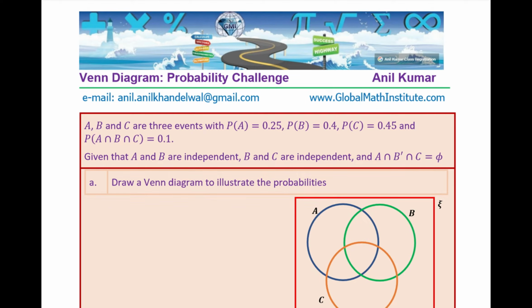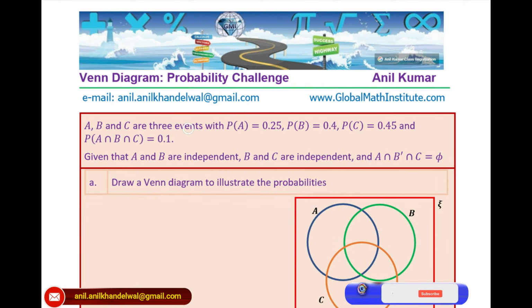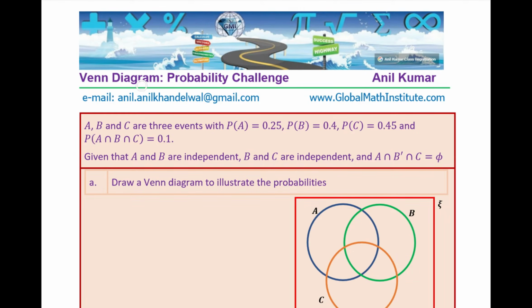Now, the first step is, when you are given three events, you should draw three circles as shown here, intersecting one another. That is how we begin with the Venn diagram. As I was saying, it is important to understand the statement A intersection not B intersection C equals null set.